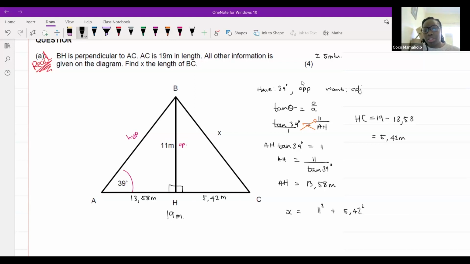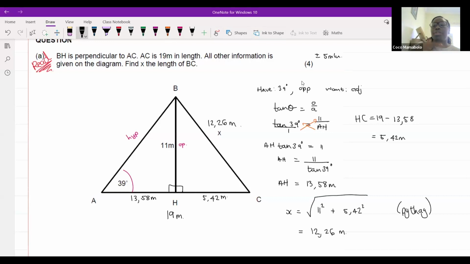But because I don't want x squared, I want x, I must take the square root of this whole thing. If I put that into my calculator, the square root of 11 squared plus 5.42 squared gives me 12.26 meters. So x over here is 12.26 meters.